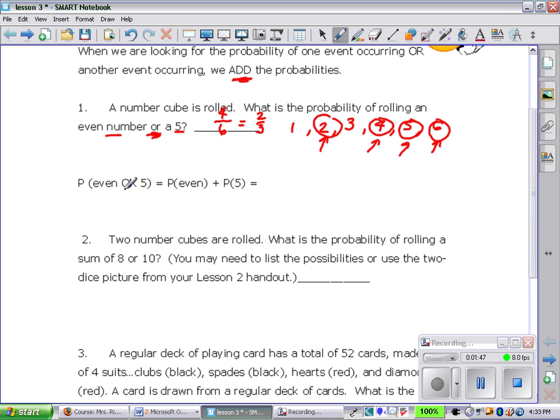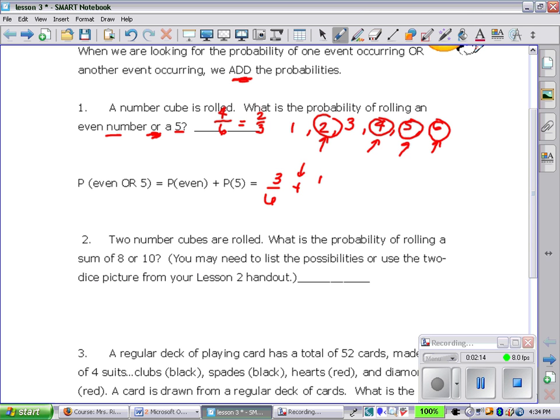When you break it down this way, you visualize it, see your options, circle the ones that fit. In other words, you can also do it with just straight up probabilities. If it's an even number, think, how many even numbers are there out of the 6? There are 3: 2, 4, and 6. So there's a 3 out of 6 chance of getting an even number, or, there's your addition sign, you can get a 5.